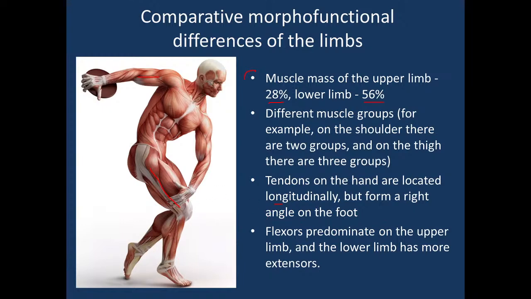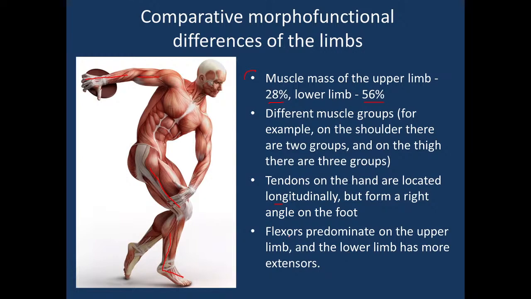So this is the typical orientation of tendons in the lower limb, but usually we have the straight orientation of the tendons of forearm muscles.